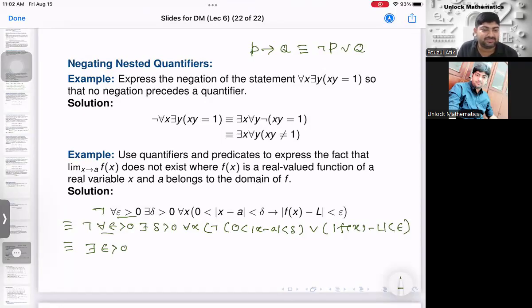No, this just means the restricted domain: the domain for epsilon is the positive real numbers. Then the negation will appear here, so there exists becomes for all delta greater than 0. Then for all x becomes there exists x, and then the negation will appear on the inside portion.